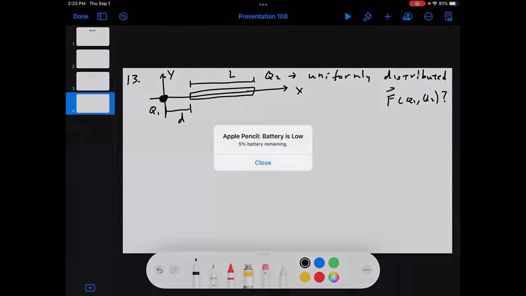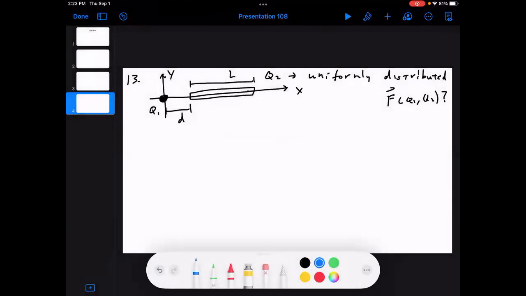Okay, so we're going to consider a small slice of thickness dx. So there's my small slice. It's got a thickness of dx and a charge dq.